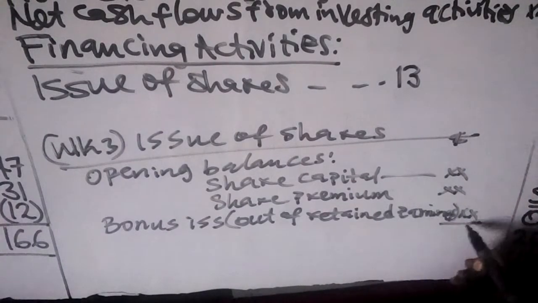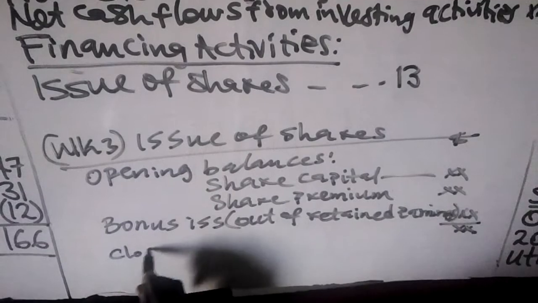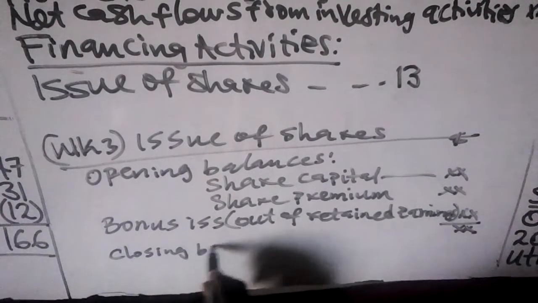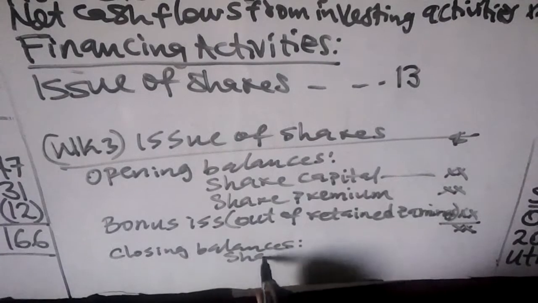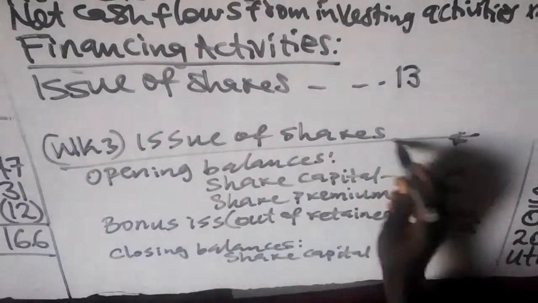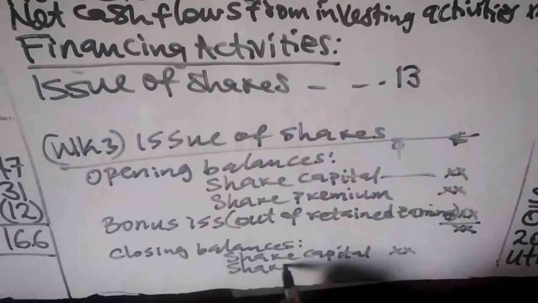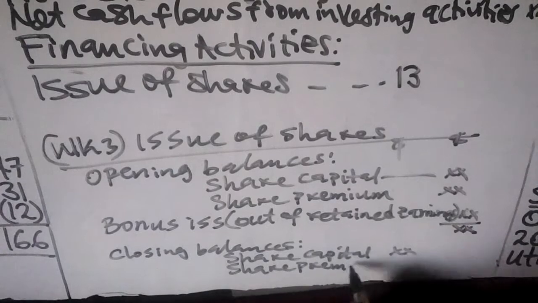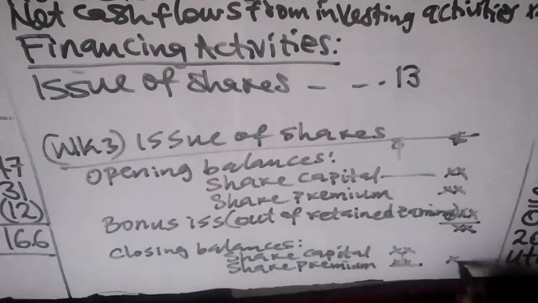Then after this you have closing balances. Closing balances of share capital and that of share premium. After considering the closing balances, the total of the closing balances are these.